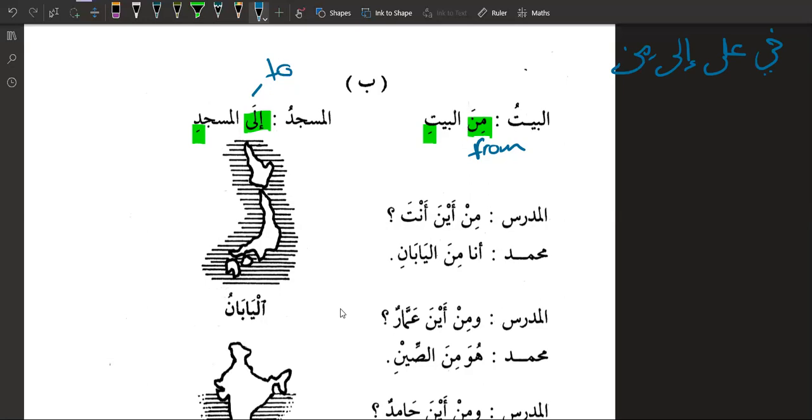We also did one in the exercise, if anybody remembers, which was an, which can mean the same as min, or it means about. So we've done fi, ala, ila, min, and an with one of the exercises.